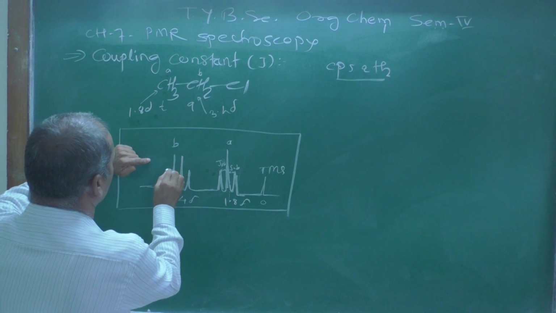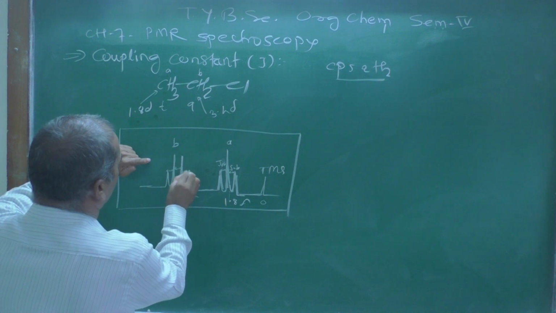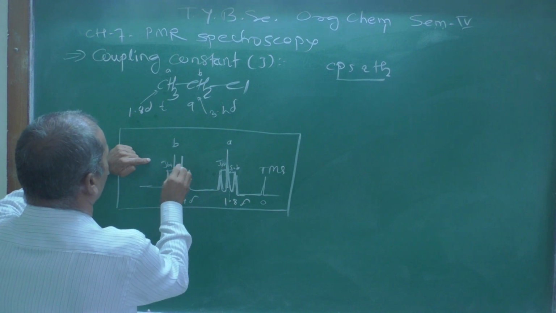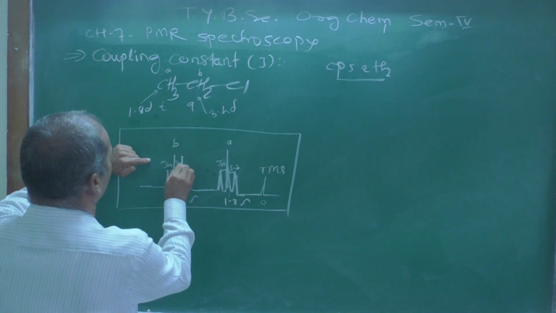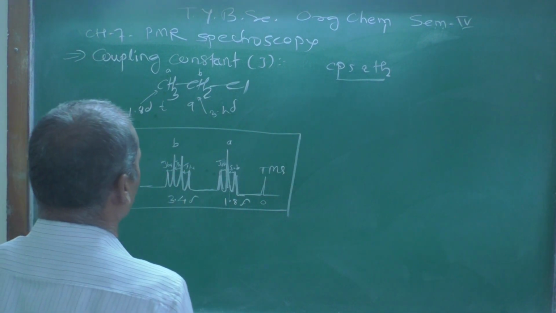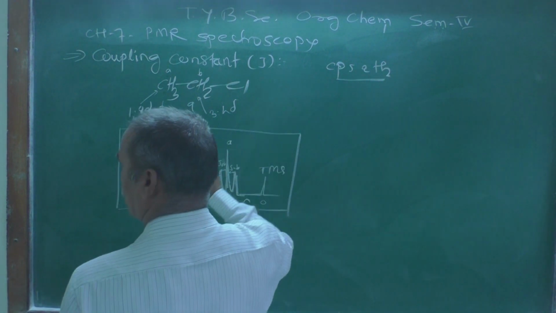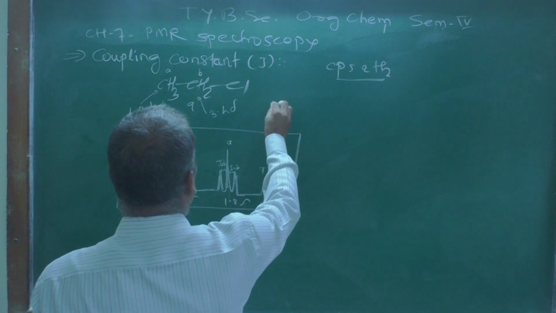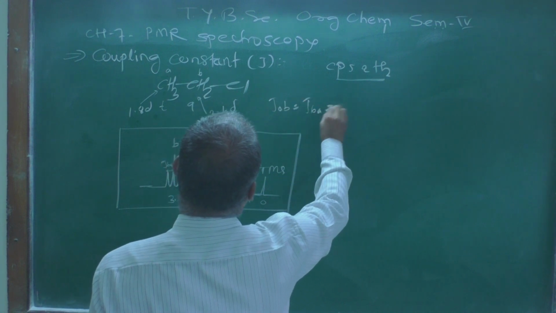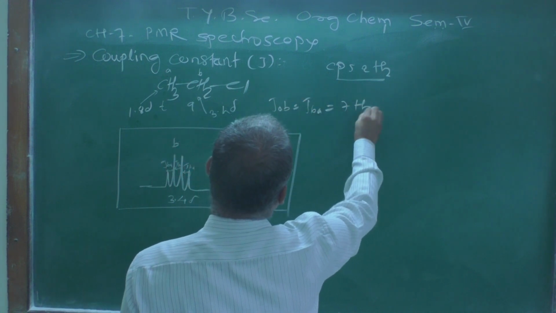Here also there is a distance between these two peaks. See, here also J is equal to JBA. The coupling constants, if you see over here, these are the mutually coupled protons. JAB is equal to JBA is equal to 7 Hertz.